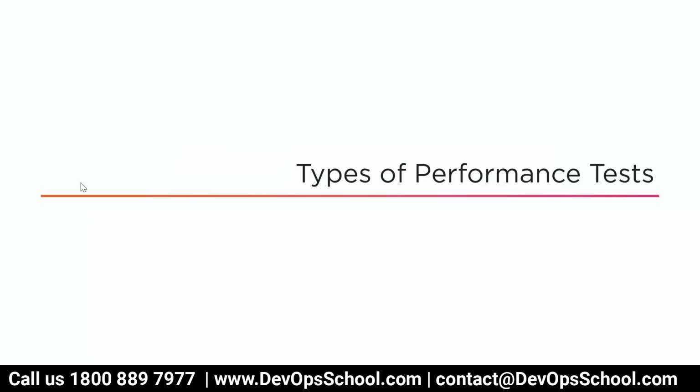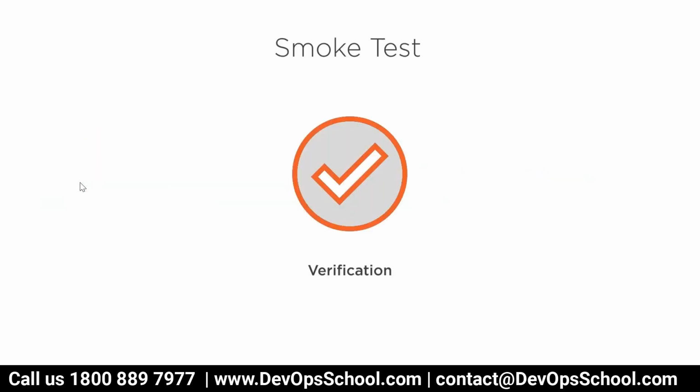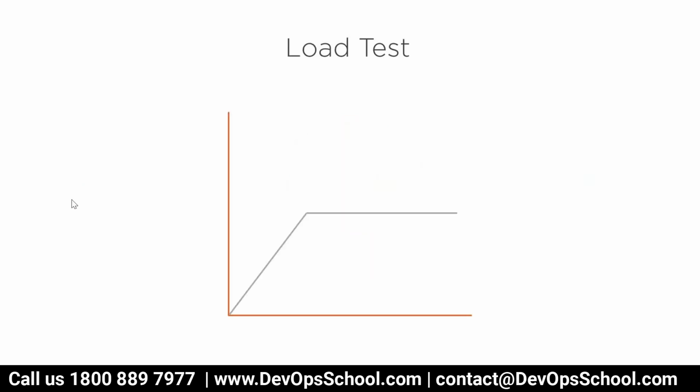What are the types of performance tests you have? You have a smoke test, a verification test of whether the endpoint is up and running or not. Load test, where you create a load and increase it over a period of time and see how the response time changes.